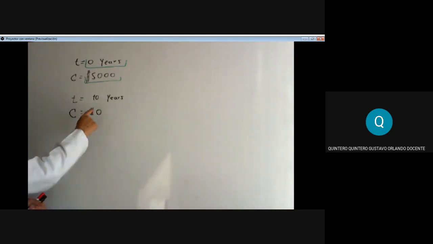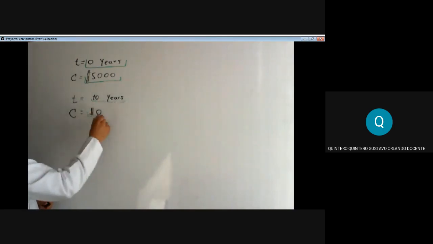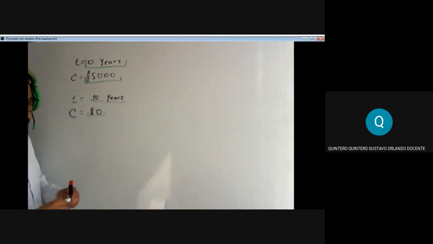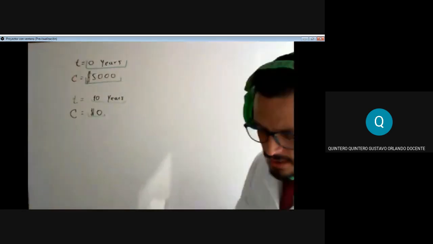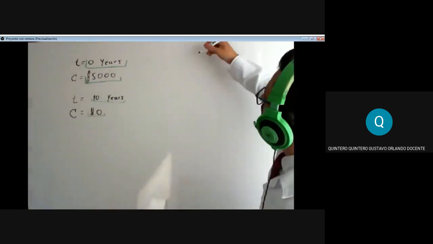By 10 years, we have 0 money, 0 pesos. We cannot sell it for anything. All right, this is information. If we were to do a graph with this, I don't think I asked that in the questions, but if I had, then the graph will look like this, right?